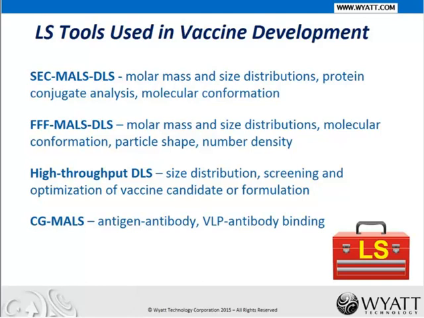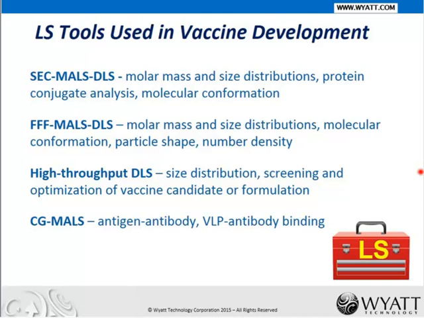We can also use the intensity from MALS for number density of particle counting. We can use high-throughput dynamic light scattering to measure the size distribution. We can also use it to screen and optimize different vaccine candidates and different formulations. CG-MALS is to study the binding affinity between antigen and antibody, VLP and antibody, for both stoichiometry and the binding constant.